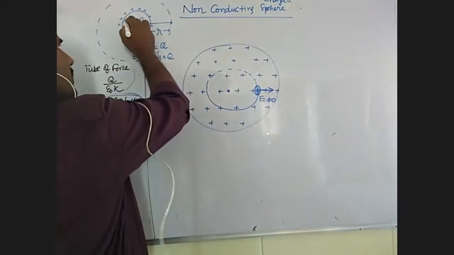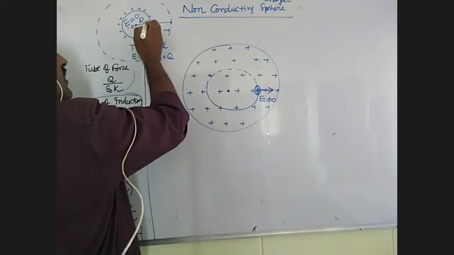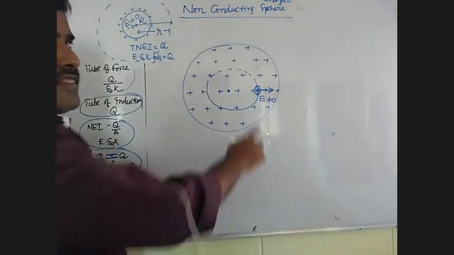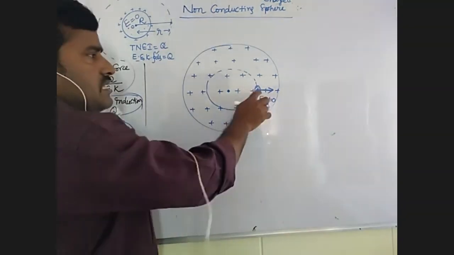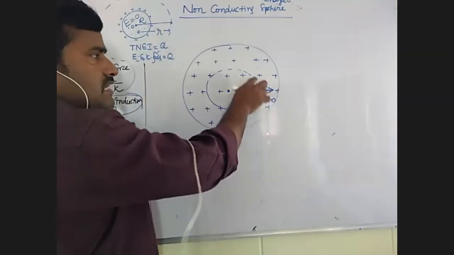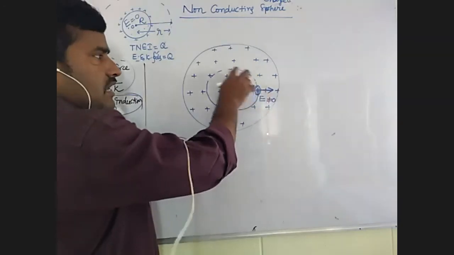For a conducting sphere, the inside intensity is 0 everywhere, including the center. But for a non-conducting charged sphere, the intensity is not 0.